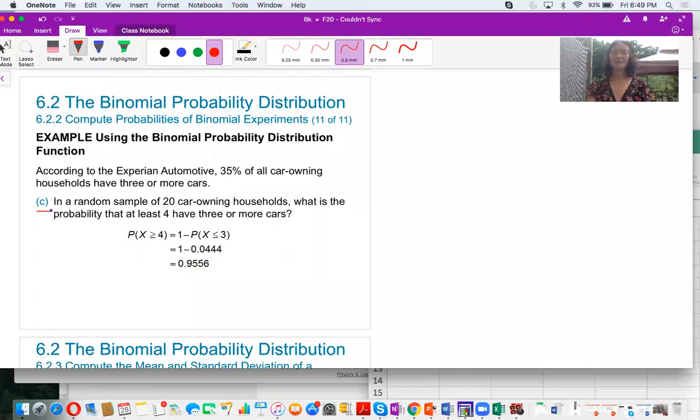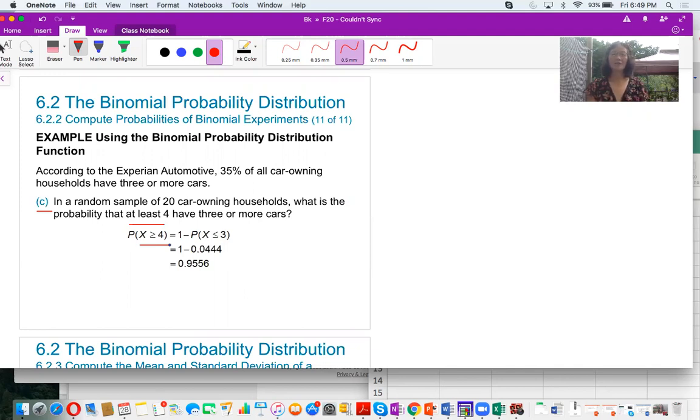Question C, same situation. In a random sample of 20 car-owning households, what is the probability that at least 4 have 3 or more cars? At least means the probability of greater equal to 4.